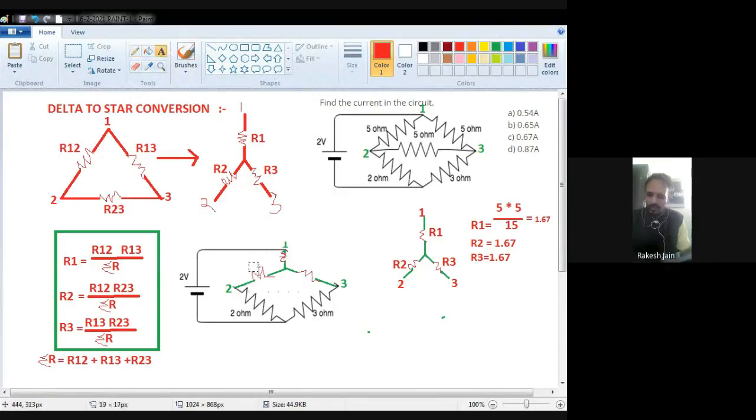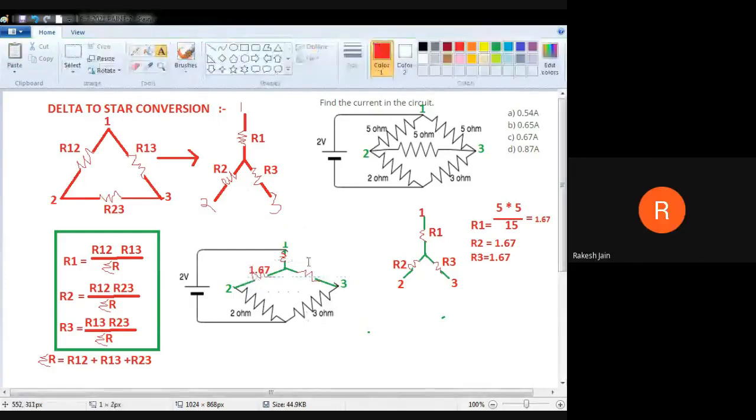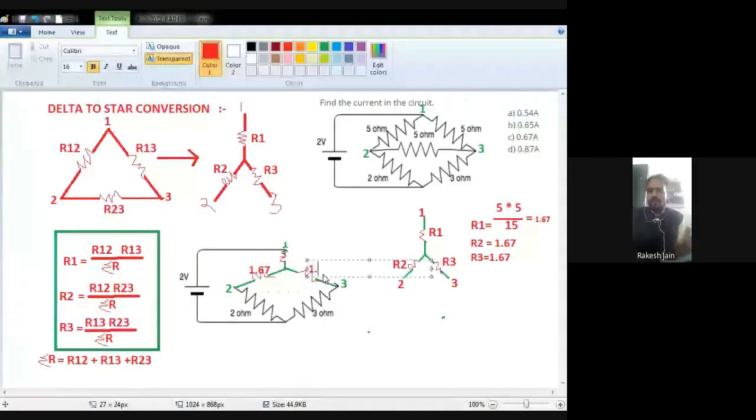Don't be confused, I just increase the size. Otherwise, for simplicity, you can do it like this one. These are your first, second and third points.